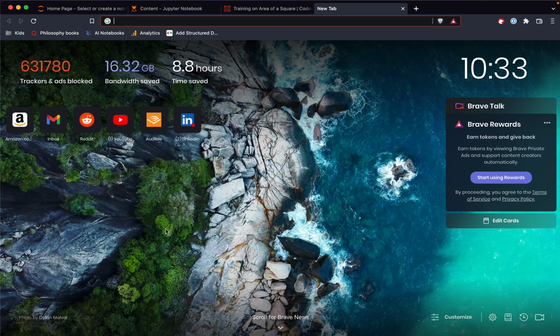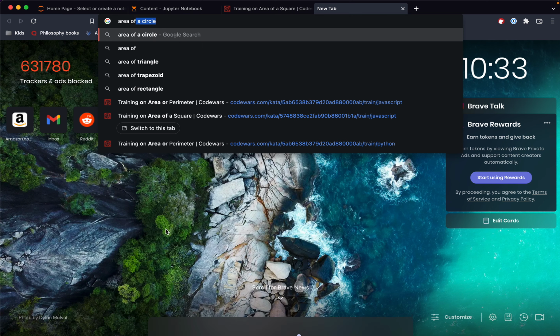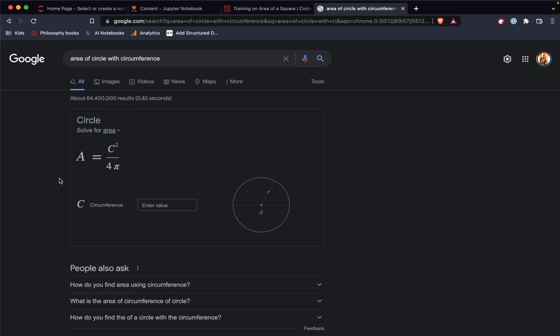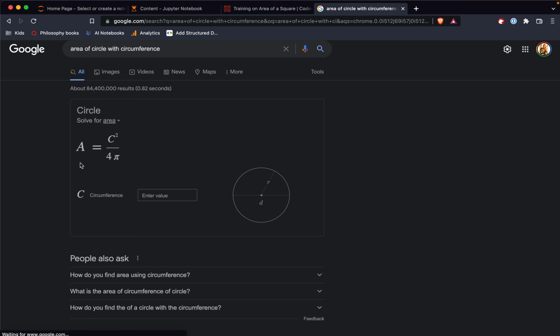Okay. So area of circle with circumference. Okay. So the area of the circle is the circumference squared over 4 pi. We already have 1/4 of that, so let's do the area, and then we can back into the radius, I think, with that.